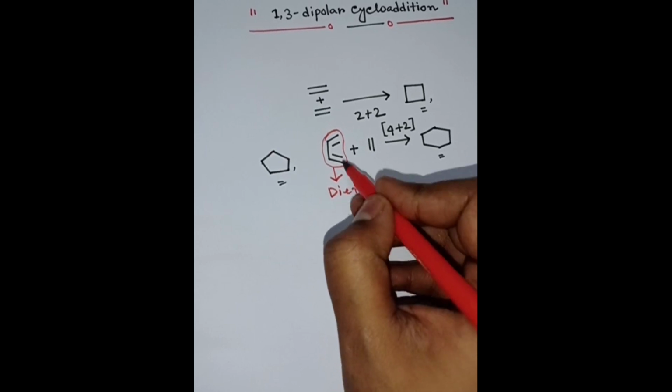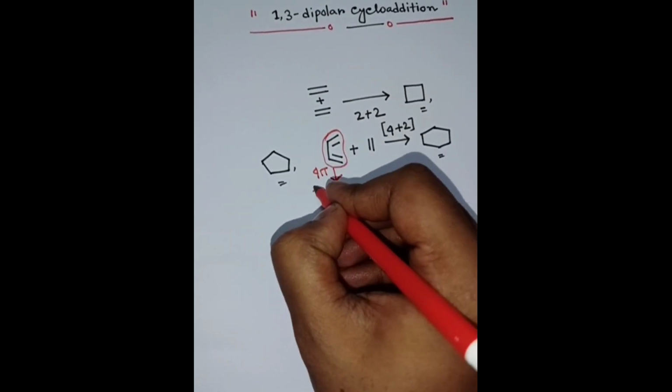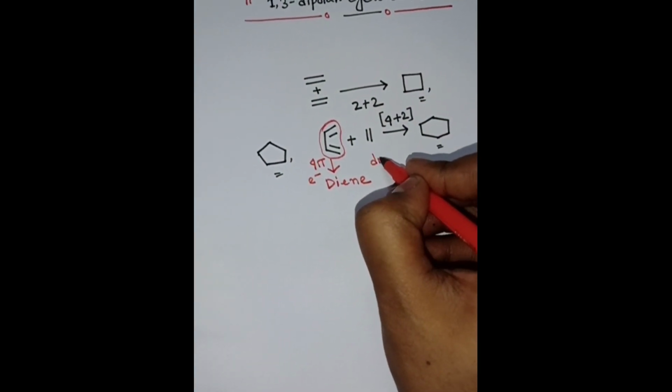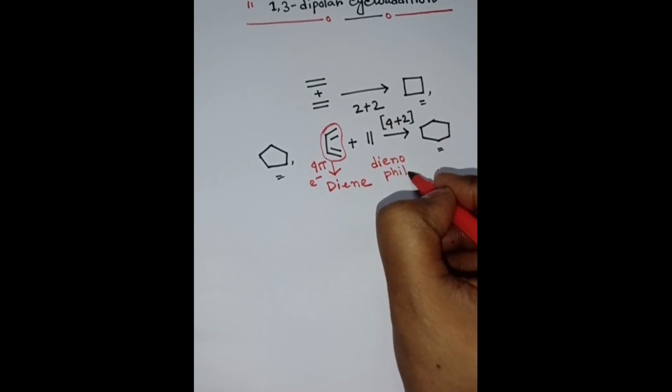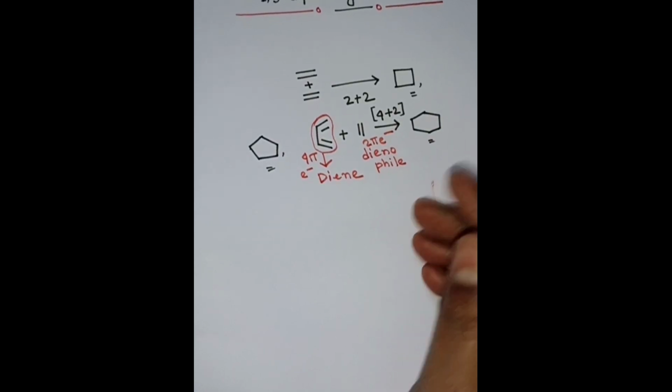One is called diene, having a 4 pi electron system, and one is called dienophile, having a 2 pi electron system.